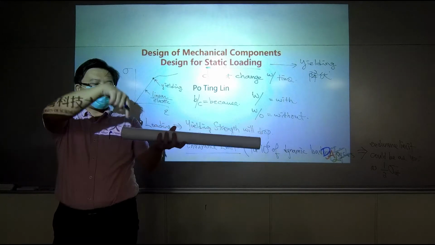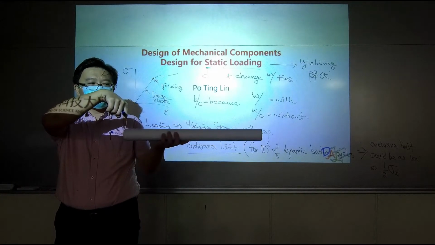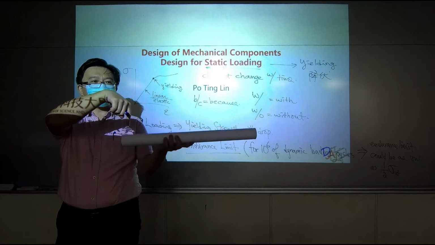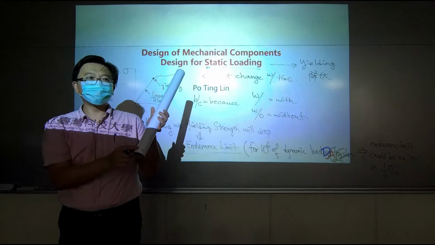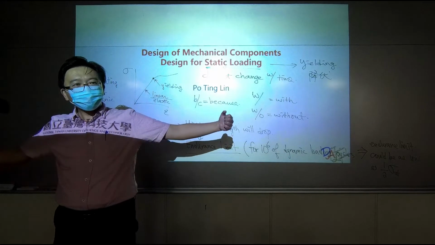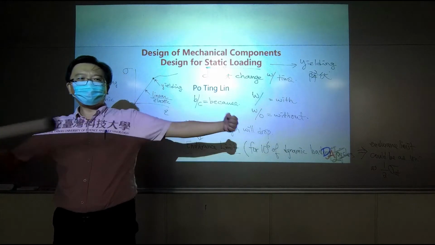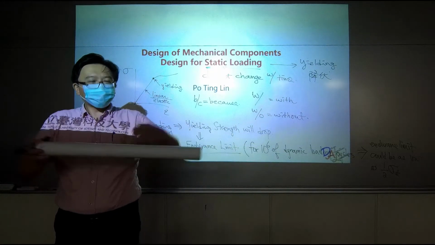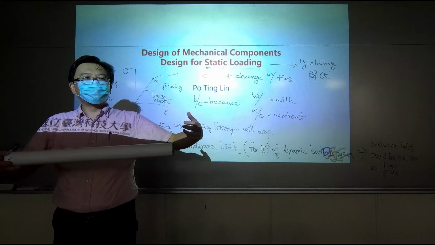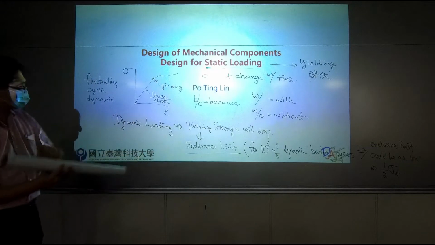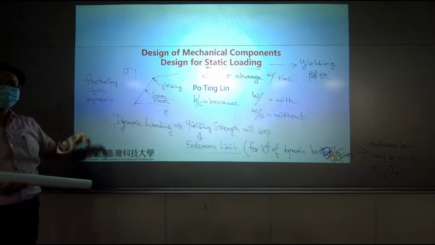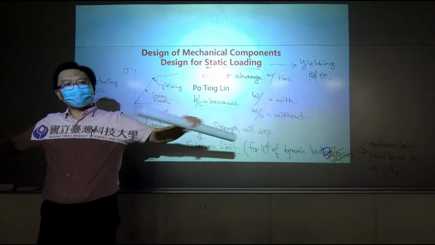So if the load is right there all the time, and if the cylinder is always rotating, then focus on the cross. It's being pulled, compressed, pulled, compressed. It's a cyclic loading. It's not good for the rod because that cross is being pulled and pressed.